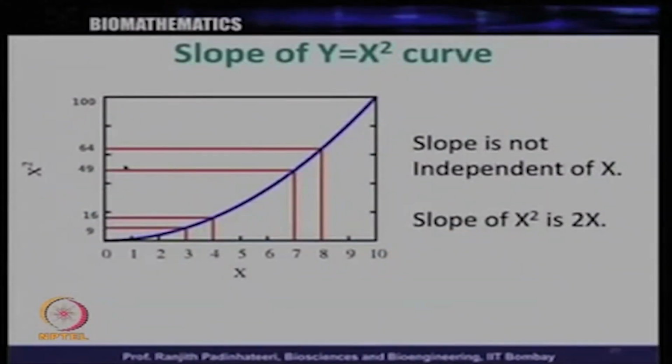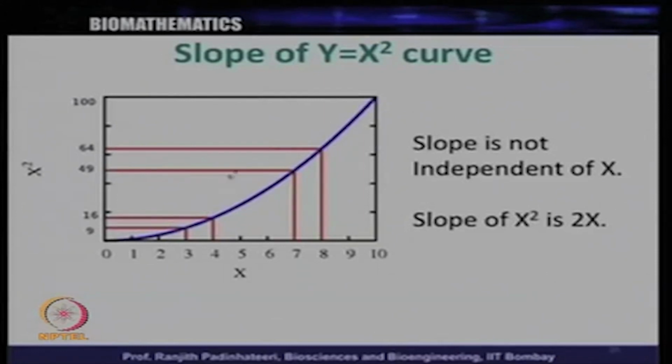When we took the x values between 3 and 4, we got corresponding y values between 9 and 16. When we took the x values between 7 and 8, we got 49 and 64, which is a difference of 15. So what we should learn here is that the slope of the y equal to x square curve varies as we go along the x axis. The slope here is small compared to the slope here.